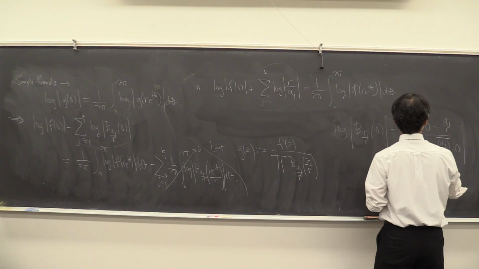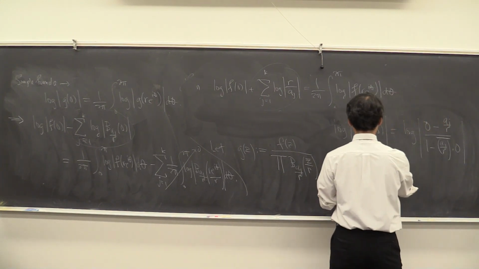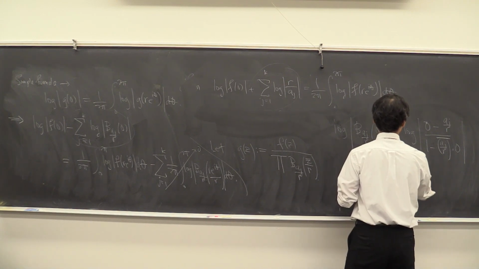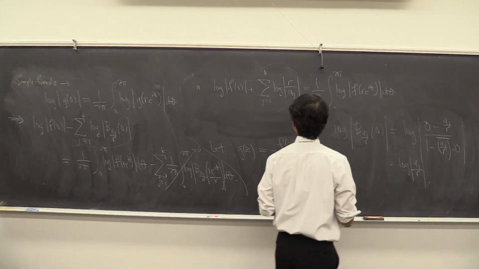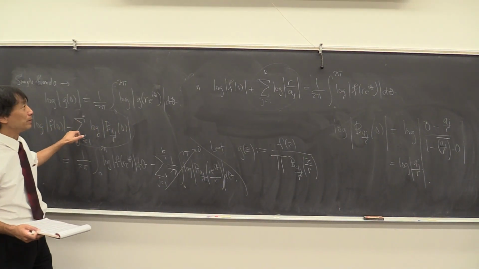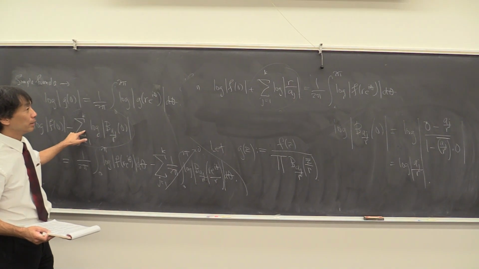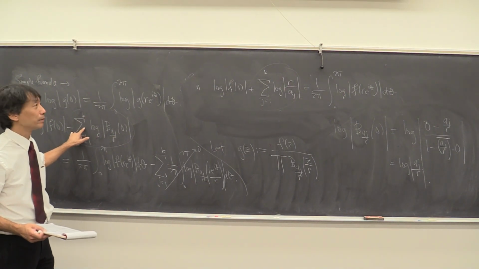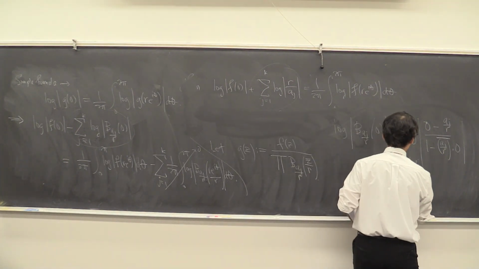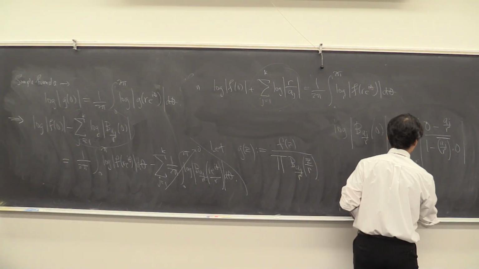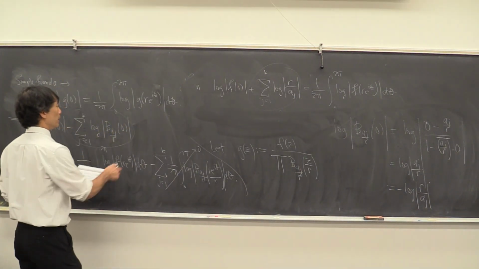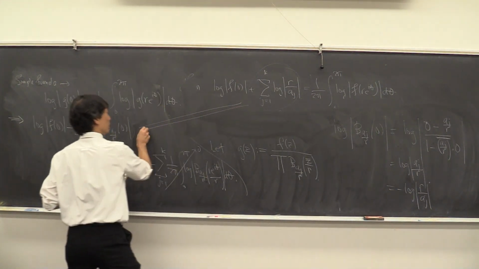So that just gives us log of aj over r. And so that's why this has a minus sign. This is of course negative log r over aj. So we get that this thing equals that thing.